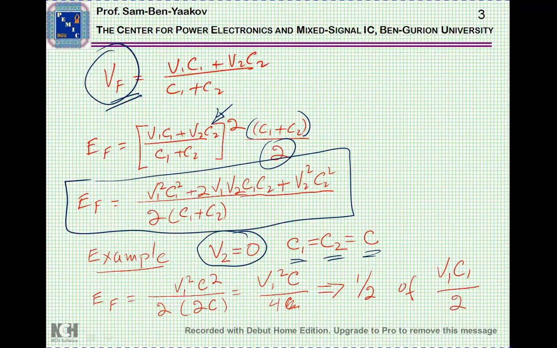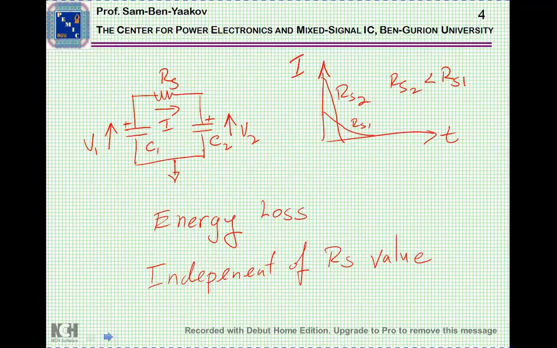And in this case, if I plug in V2 equal to 0, I'll find that the energy after the connection is V1 squared C over 4, which is half of V1 squared C1 over 2. That is, half of the energy got lost. Well, this is fairly well known, and the reason is, of course, the losses which are involved in this transfer.